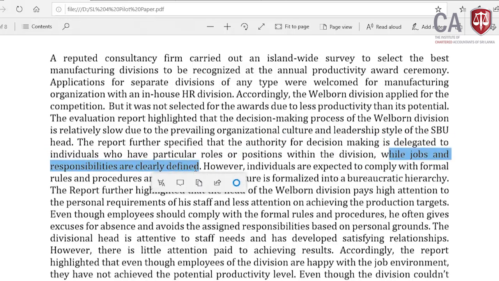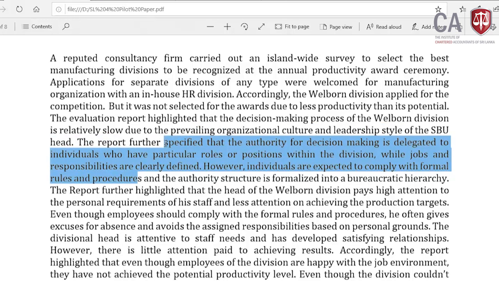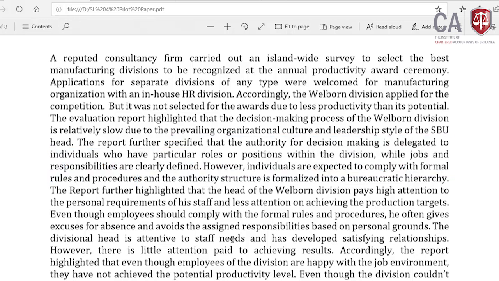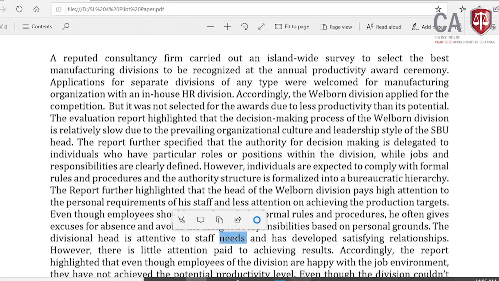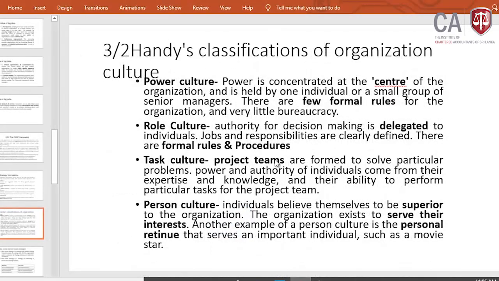Look at how individuals are expected to comply with formal rules and procedures. See, this information matches the second culture of Handy. It is clear now for you, the examiner is testing the role culture, right.